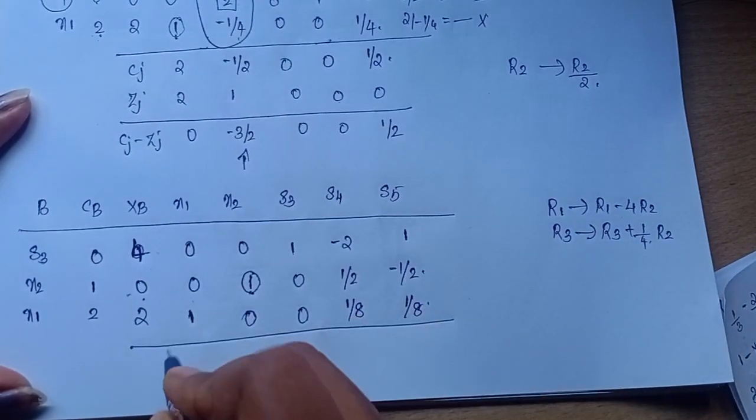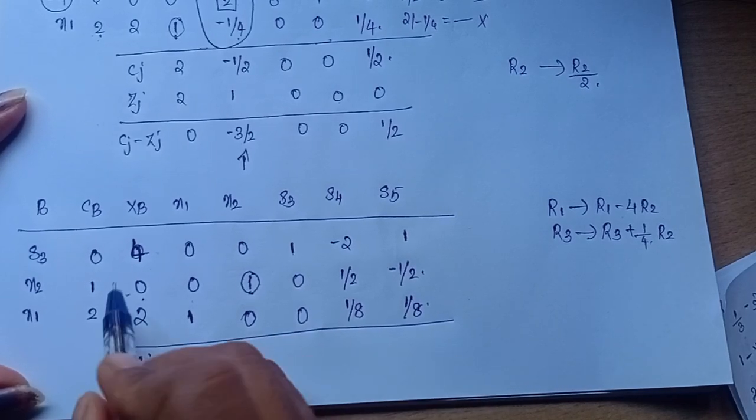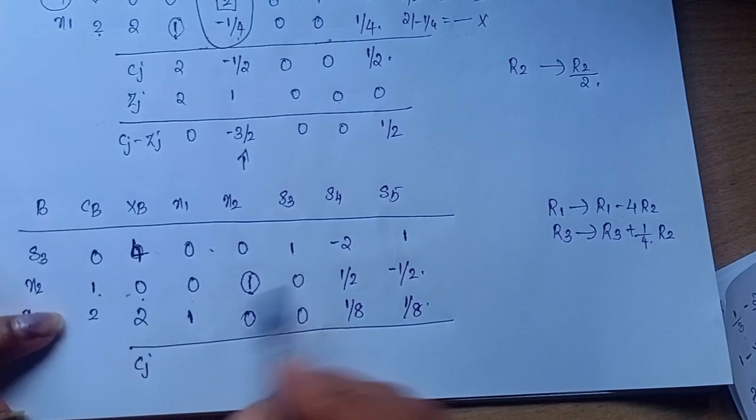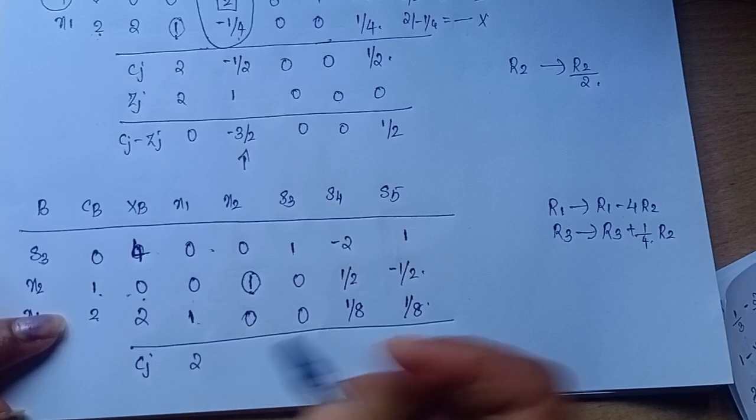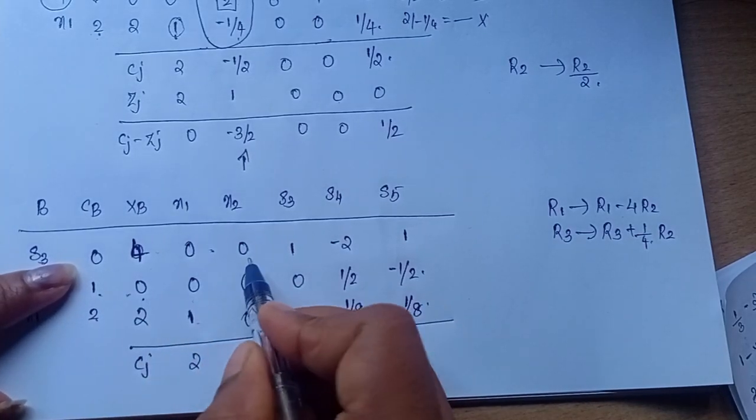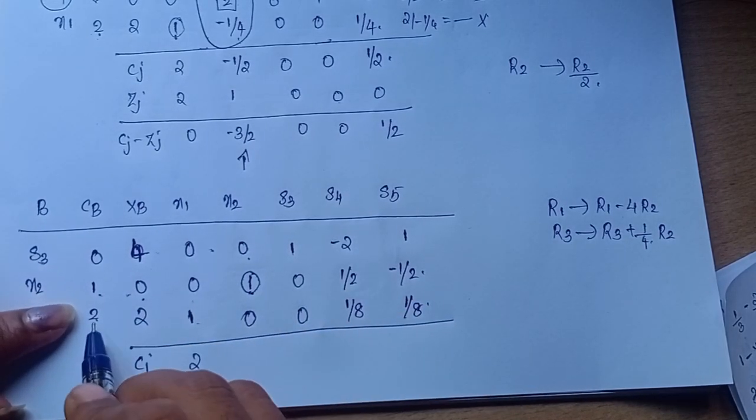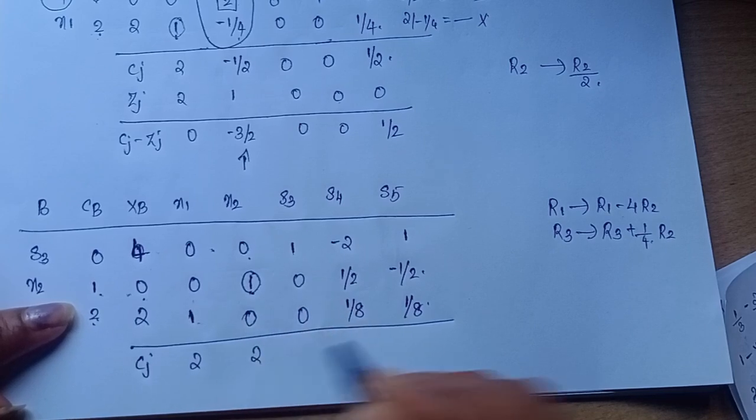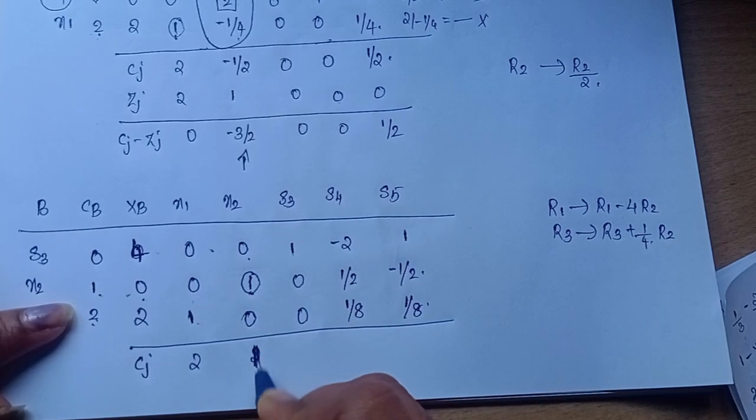Find Cj. Cj equal to what? 0 into 0 0, 1 into 0 0, 2 into 1 2, 0 into 0 0, 1 into 1 1, plus 2 into 0 0, 1 1 0.